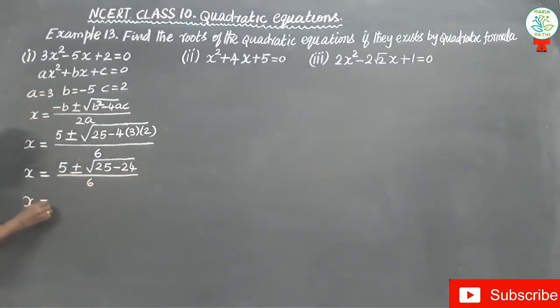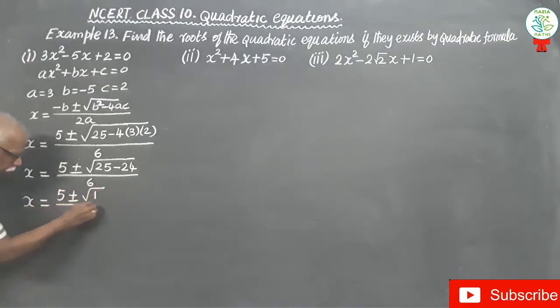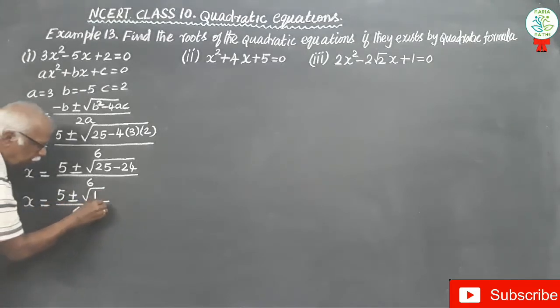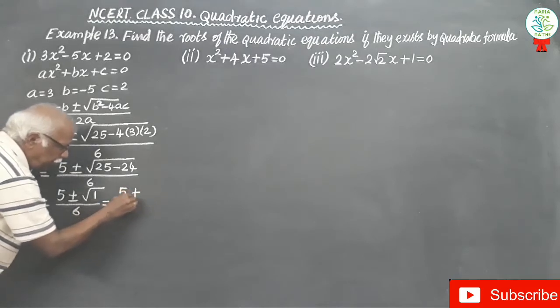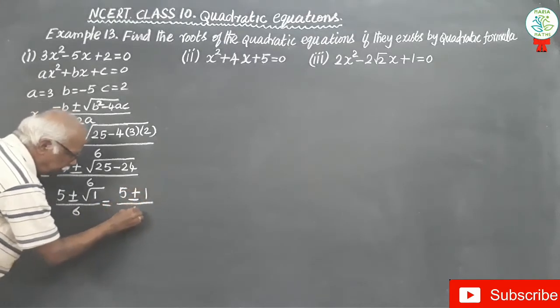X is equal to 5 plus or minus square root of 1 by 6, that is 5 plus or minus 1 by 6.